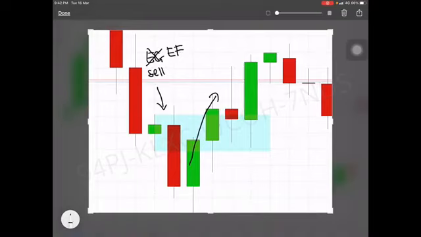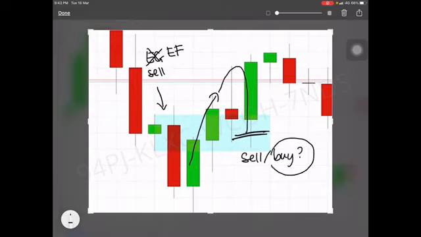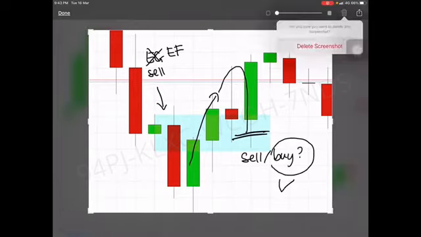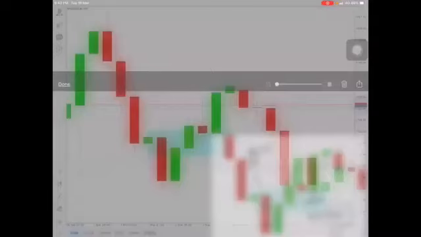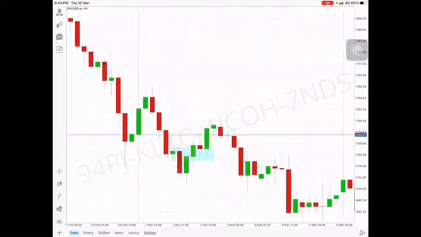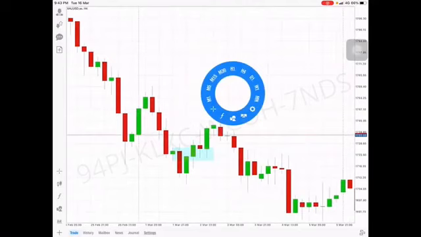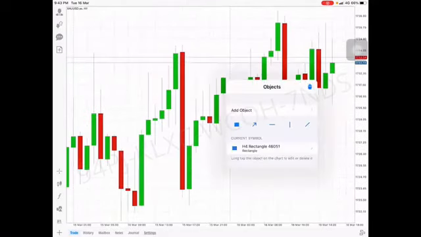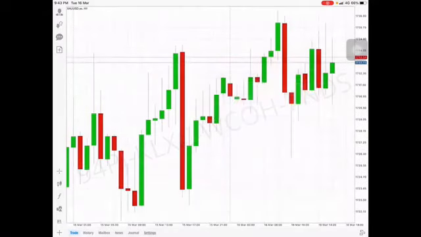So when the price comes back to the zone, are we going to look for sell or buy? Buy. That is correct. Now do you understand how to mark the engulfing fail? Is it clear now? I understand.